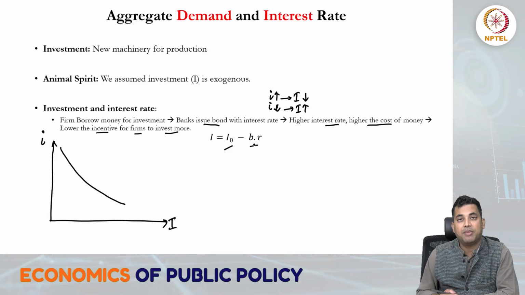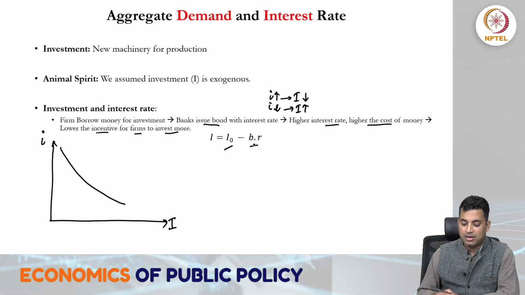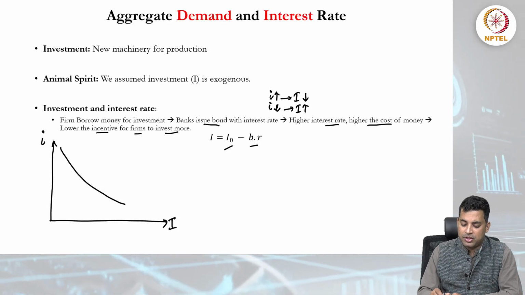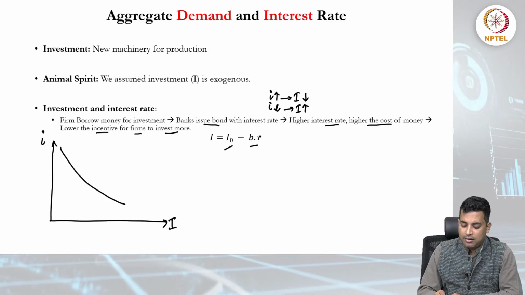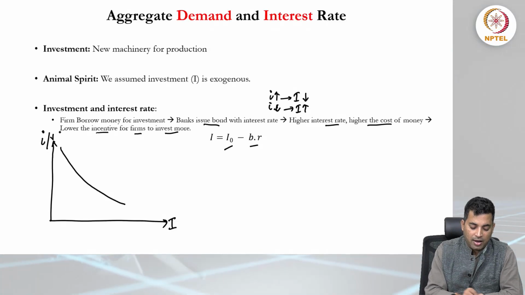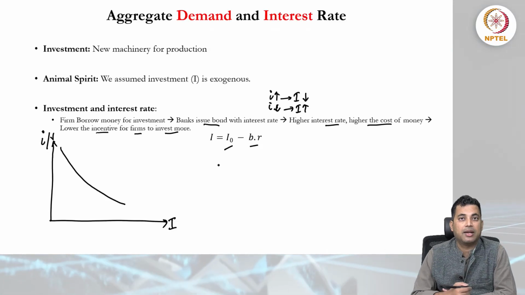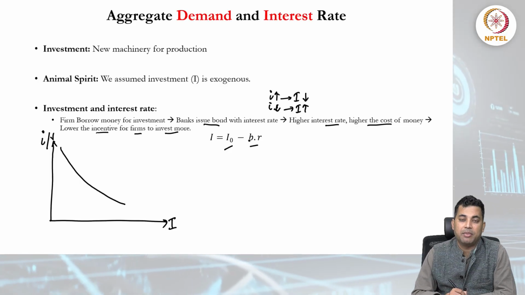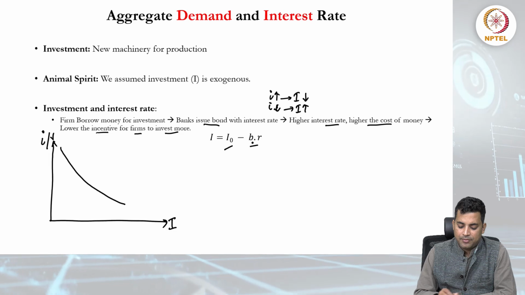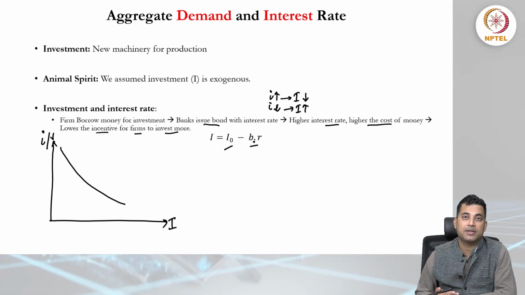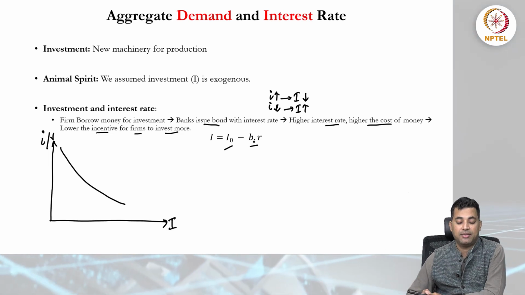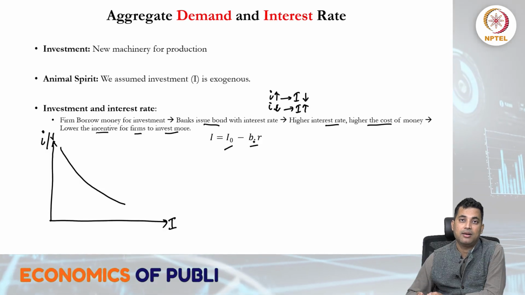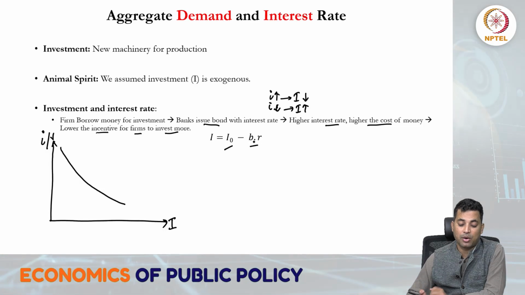The other one depends on the rate of interest, here small r. We mentioned small i here, but small i or small r, it's the rate of interest. So the other investment will depend on what kind of rate of interest there is in the bank, and that is how the cost of borrowing will be calculated, and then investment will take place accordingly.